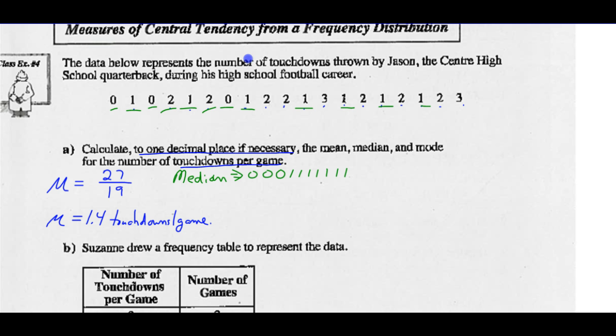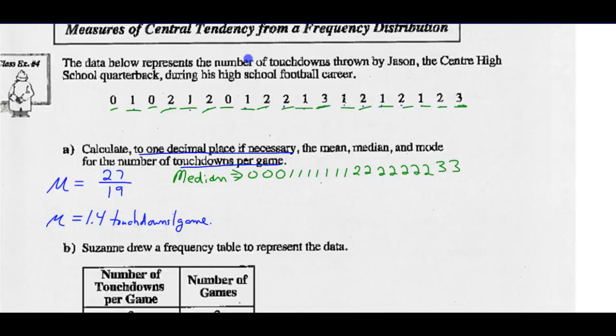We have 1, 2, 3, 4, 5, 6, 7 twos, and we have 1, 2, 3s. So I've now arranged this data from lowest to highest. I've got 19 pieces of data.